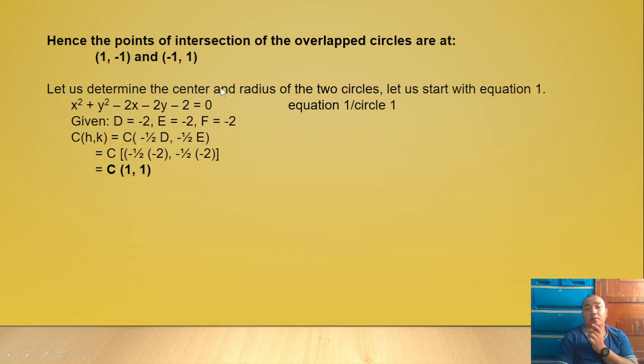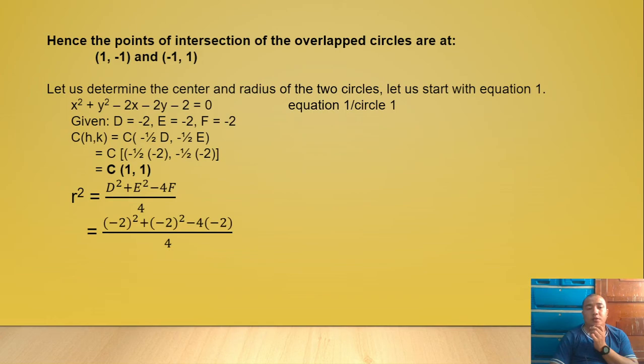For the center of equation 1, or circle 1, x squared plus y squared minus 2x minus 2y minus 2 equals 0, the formula for the center is negative 1 half D, negative 1 half E. So negative 1 half of negative 2 is positive 1, and the same for E. So the center for circle 1 is (1, 1). For the radius, use the equation r squared equals D squared plus E squared minus 4F all over 4.